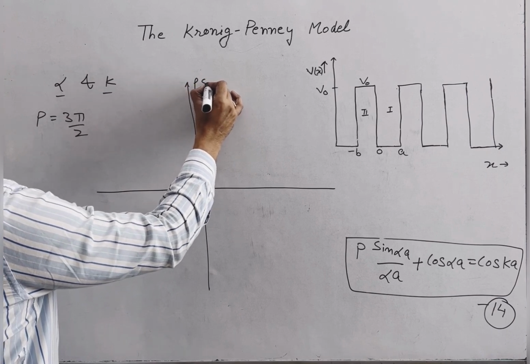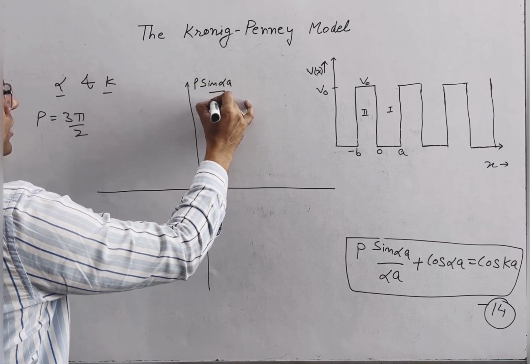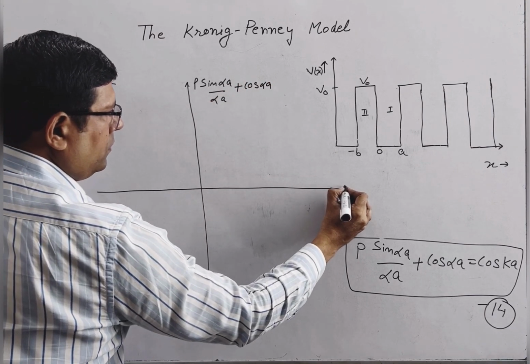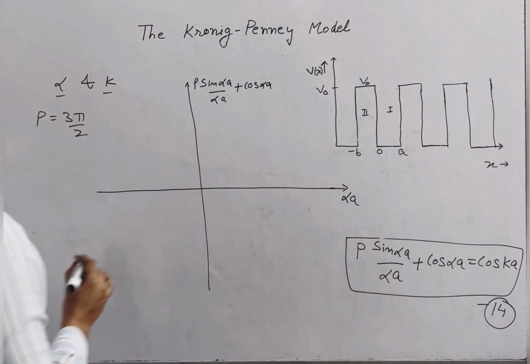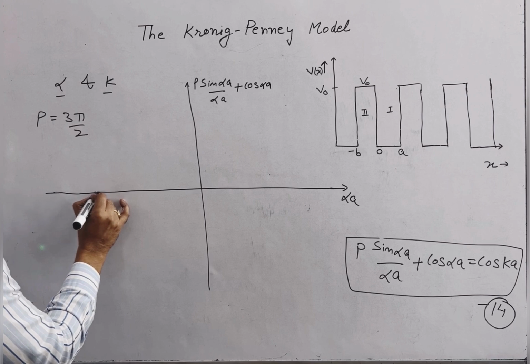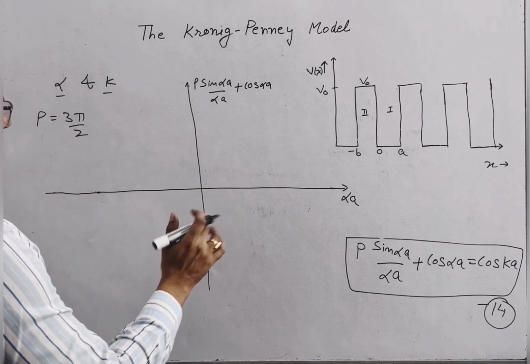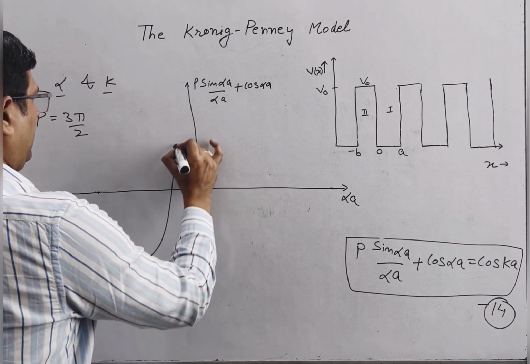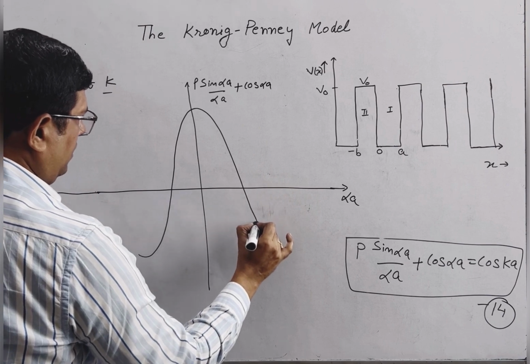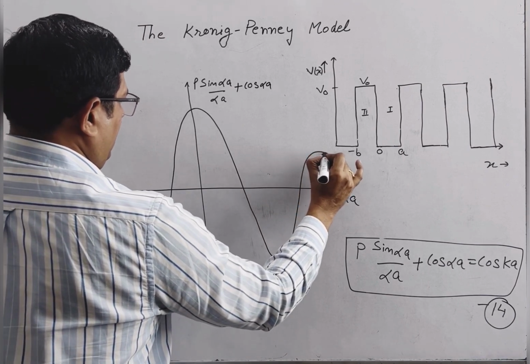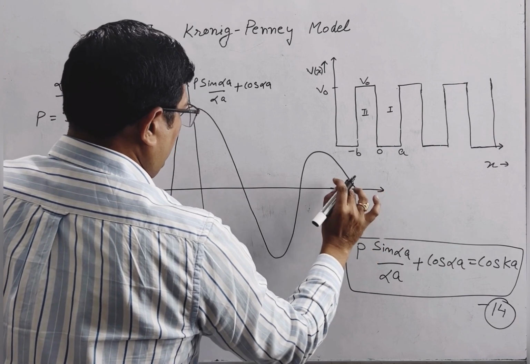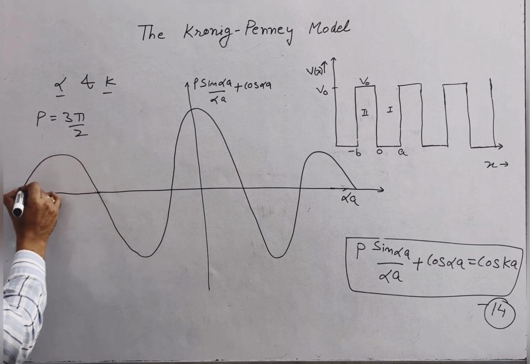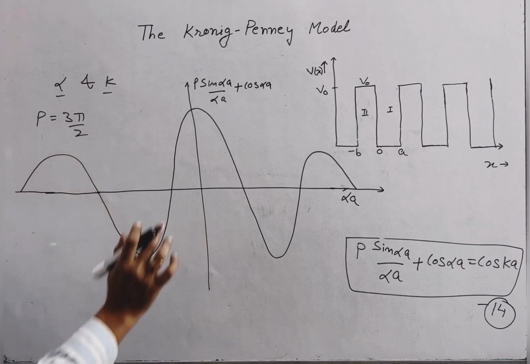This is left hand side, P sine alpha a upon alpha a plus cos alpha a. Here is alpha a. So the graph will come like this, and so on.